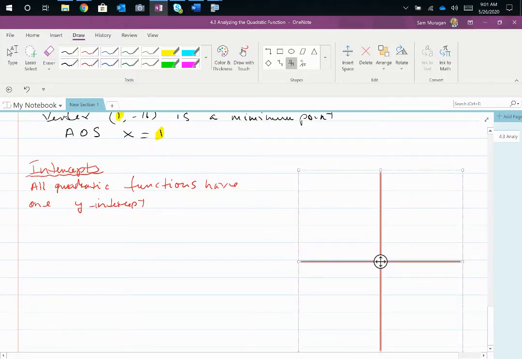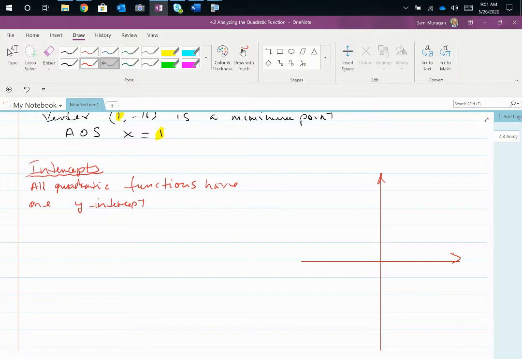So let's get a variety of graphs. Let's say we've got a graph that looks like this. No matter where it is, it's going to have a y-intercept. Okay? Or it's like this. It's going to have a y-intercept. Or it's like this. Let me draw a couple more here. Okay?